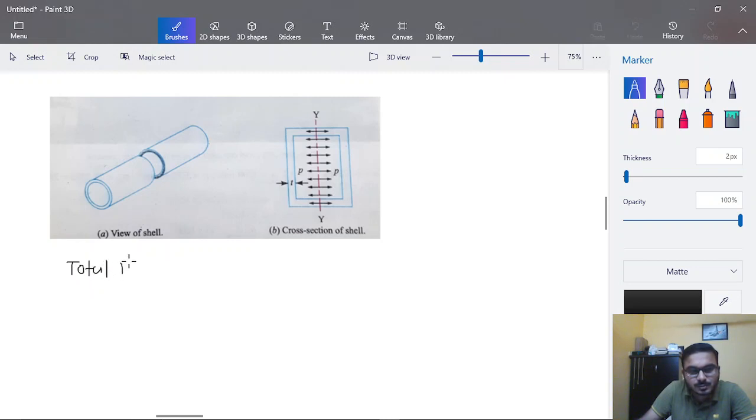Total force acting in the transverse direction.